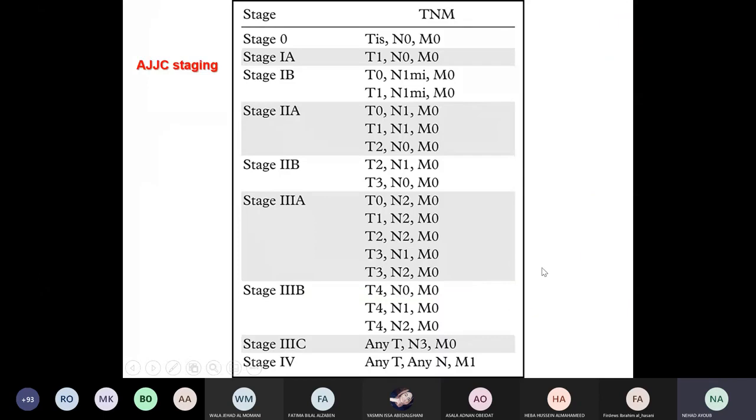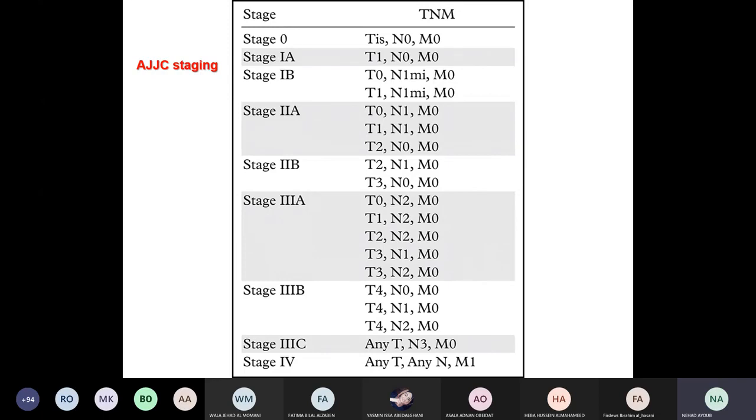They call it invasive lobular carcinoma. Now, most cases of breast cancer, I would say maybe 70 to 80%, are invasive ductal carcinoma. Invasive ductal carcinoma is very common. Most patients once diagnosed with breast cancer have invasive ductal carcinoma.